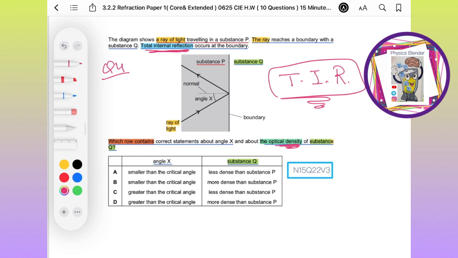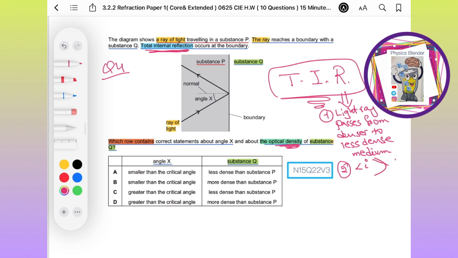Actually, let's revise the 2 requirements for total internal reflection. Number 1, the light ray passes from denser to less dense medium. The second requirement, the angle of incidence should be greater than the critical angle.